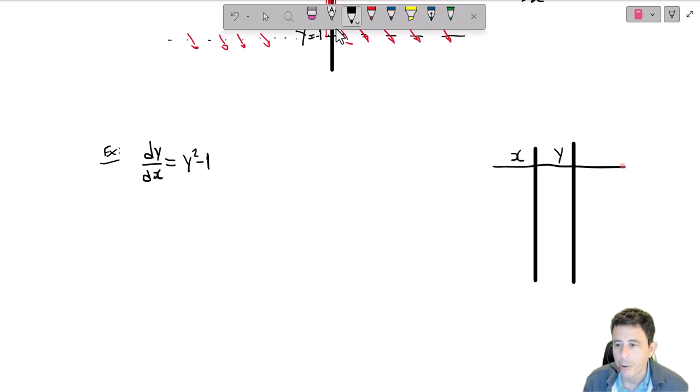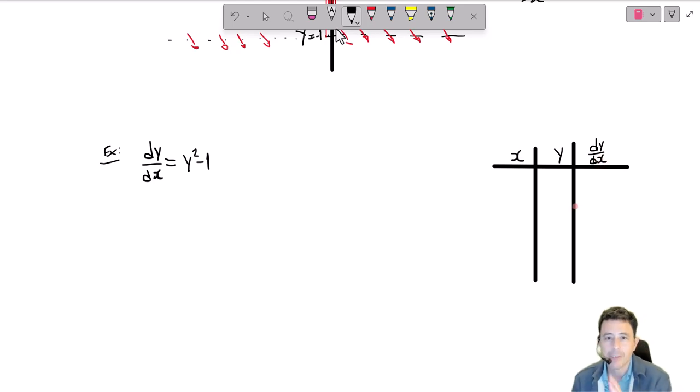Just like we did before, we draw 3 columns, one column for x, one column for y, and one column for the derivative. Notice that if x is 1, the derivative is y squared minus 1. If x is 3, the derivative is y squared minus 1. It's always the same. Whatever y is, it will be y squared minus 1. So in fact, if x is anything, the derivative is y squared minus 1.